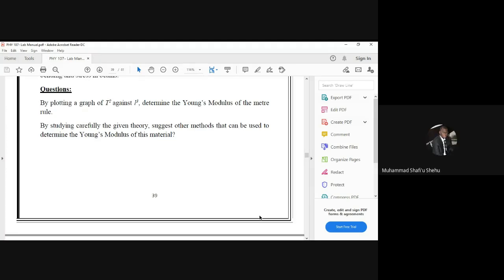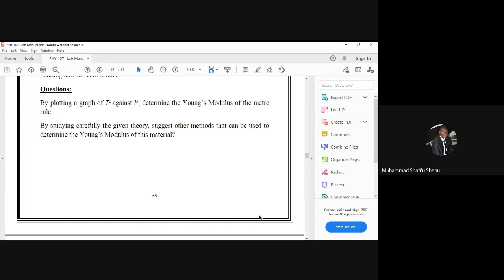Do you know what T squared stands for? So we're going to create 2 more columns for our table, T squared and L cubed, according to our question. Remember, we're plotting a graph of T squared against L cubed. If you're plotting a graph of 2 more parameters, then you have to add those parameters to your table.